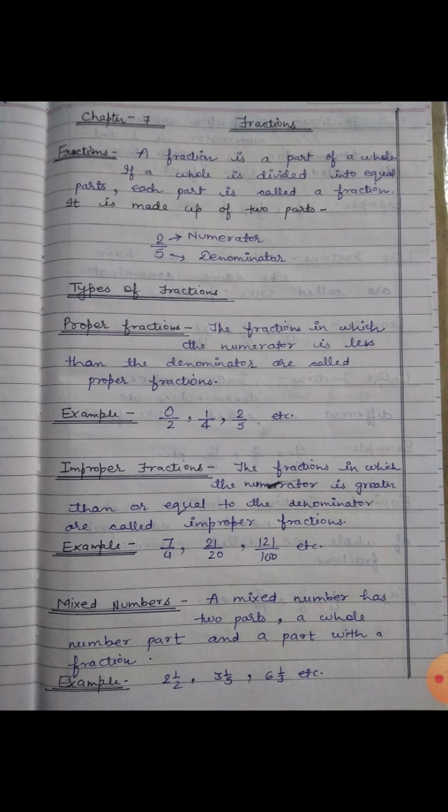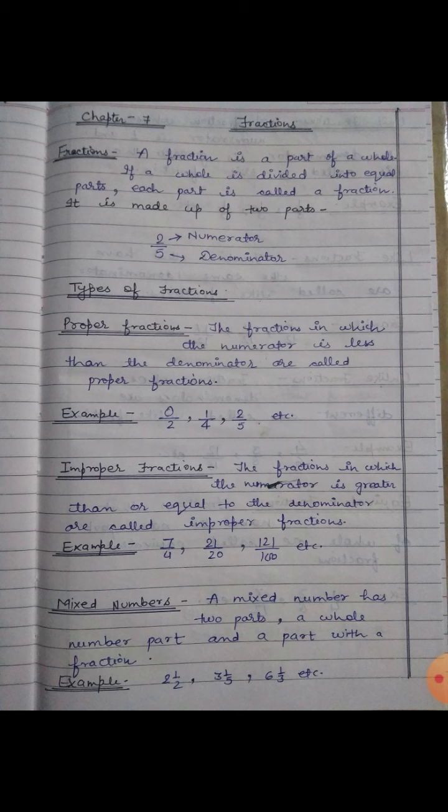Whole means complete, पूरा, ठीक है? So if a part of a whole that we cut from any whole, that is a fraction. Suppose there is a cake, one cake, that is the whole, complete one cake. उसको हम पूरा एक होल कहेंगे, वो पूरा complete है.